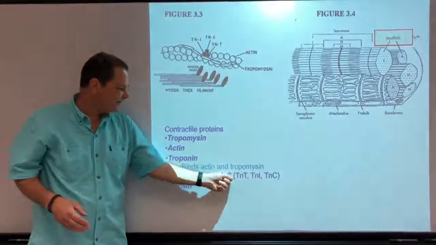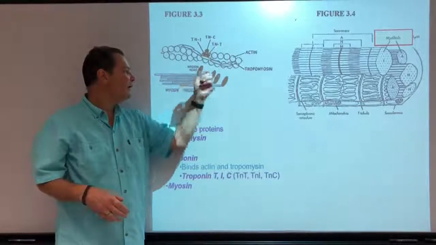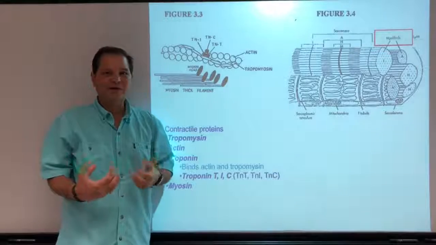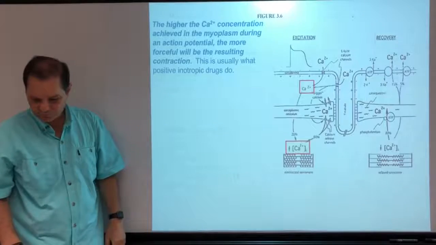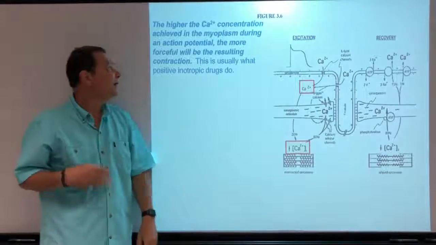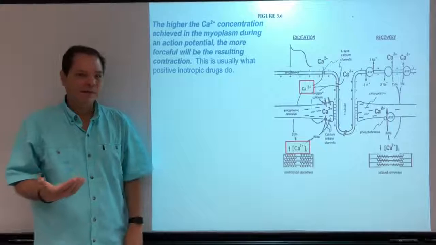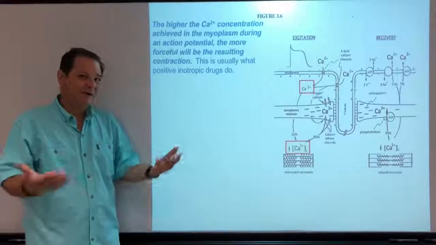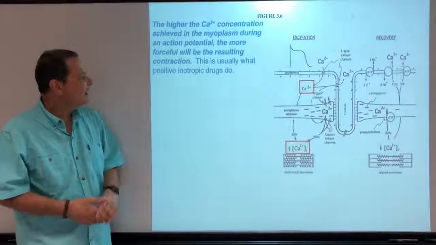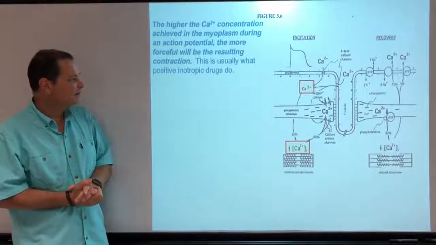And that's because calcium binds to troponin C and causes these two types of filaments to interact to cause contraction, okay? So the higher the calcium concentration, the higher the force of contraction, and this is one of the things I did want you to remember. Now I've said it, now you remember it, okay? This is what positive inotropic drugs can do.